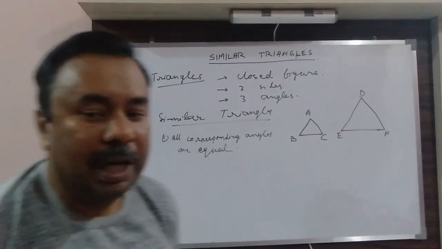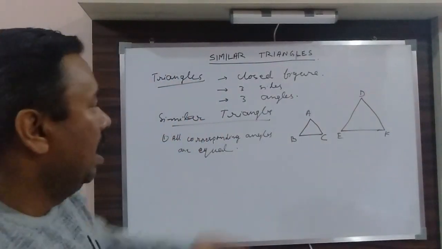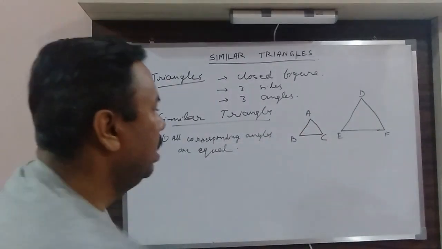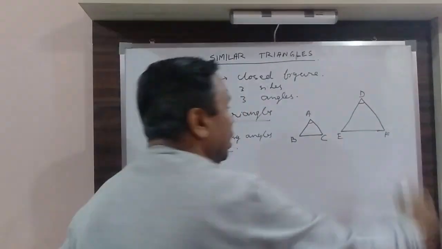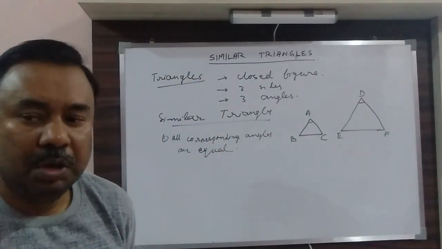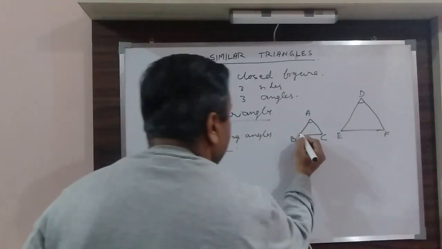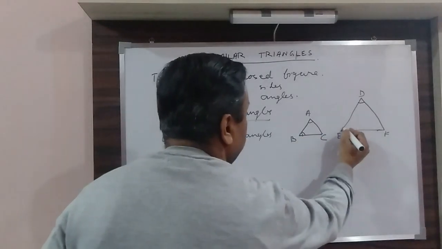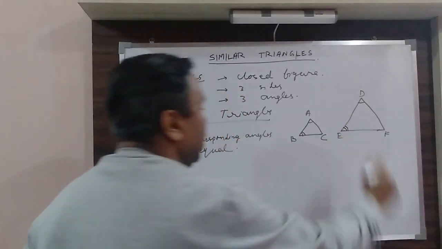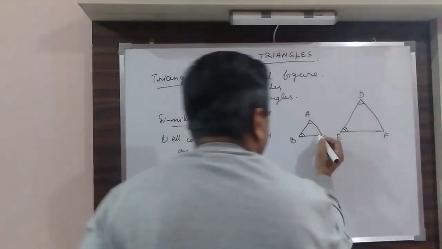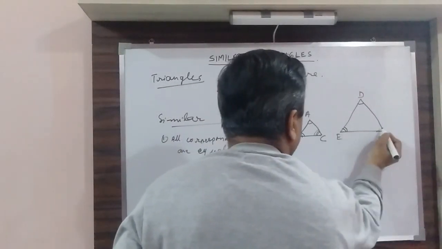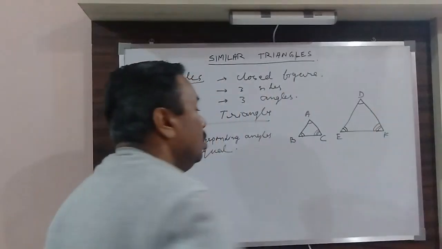That means angle at A should be equal to angle at D. Similarly, the angle at B should be equal to the angle at E, and in the same way, the third angle will be equal to the third angle.